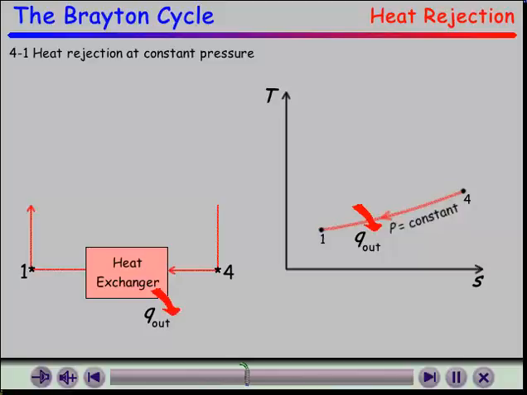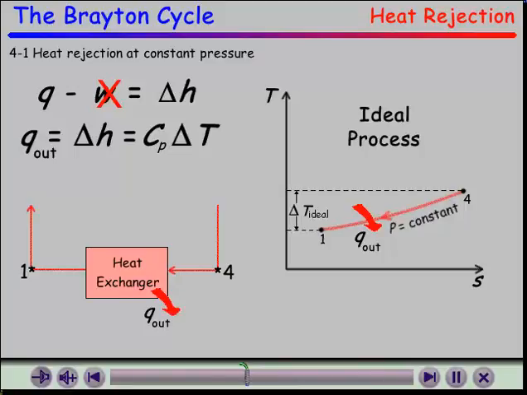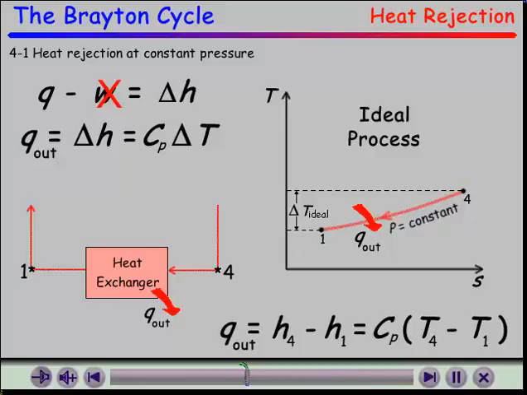The heat that is rejected is measured by the change in enthalpy, or by the change in temperature multiplied by C sub P between the two state points. Ideally, we want to extract all the energy we can out of the working fluid in the turbine. That ideal process would bring the cycle to point 4 shown here.